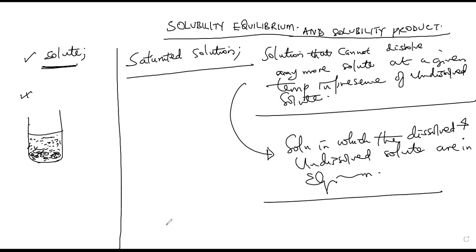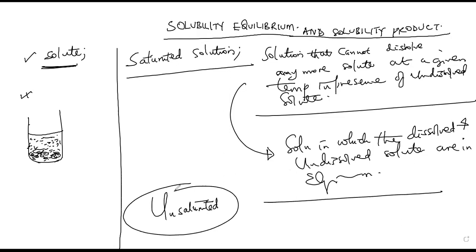Then we have what we call unsaturated. An unsaturated solution can dissolve more solute particles at a particular temperature. That solution which can dissolve more solute particles at a particular temperature, we say that it is unsaturated.